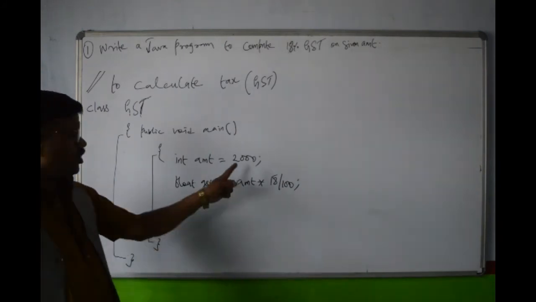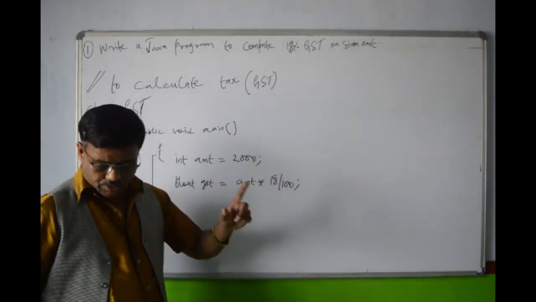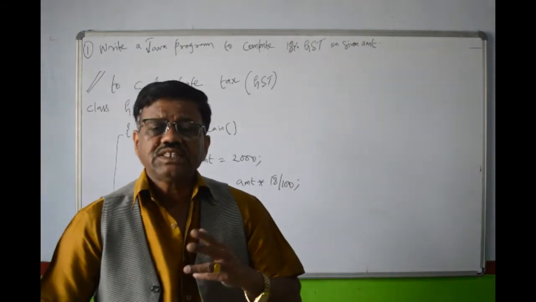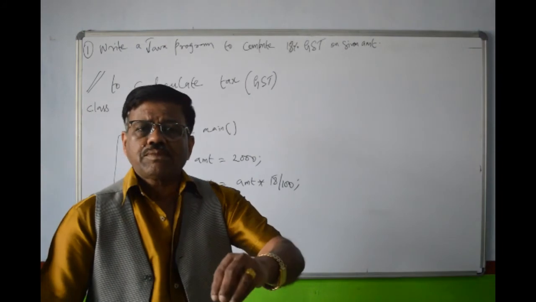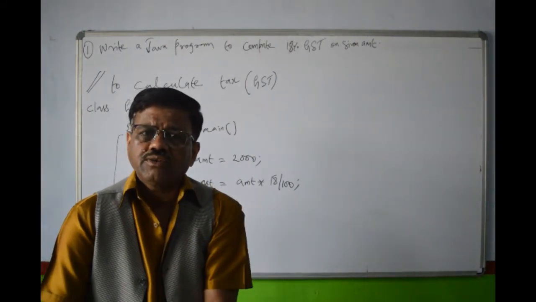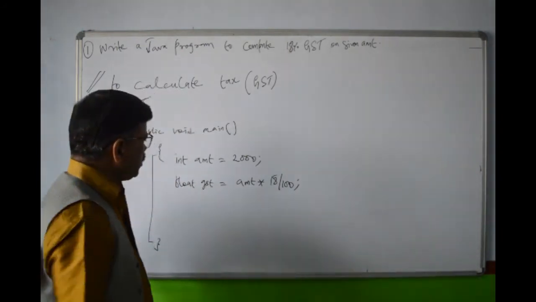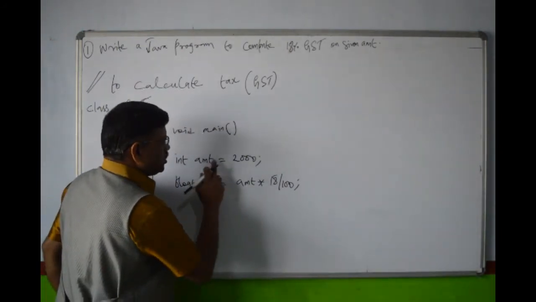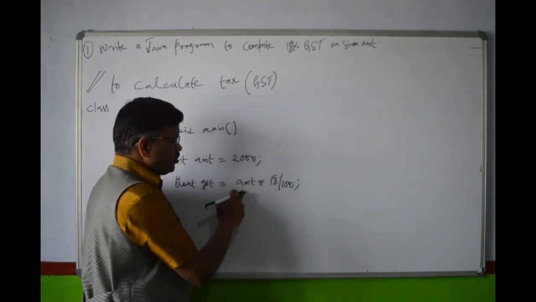Please note, whenever I call amount, automatically 2000 will be substituted by the computer. This calculation part, what you do in mathematics class or on your calculator, you need not do. That is why we use the computer. Computer will substitute the value of AMT. How much is that? 2000.